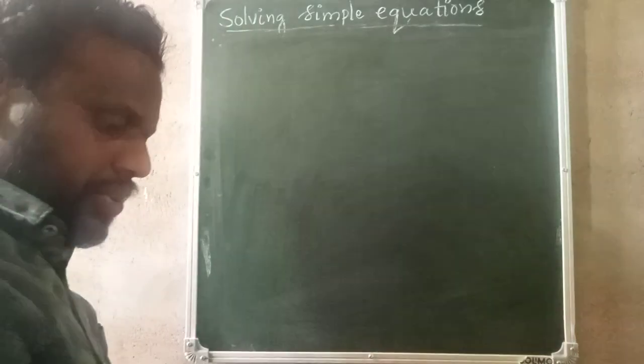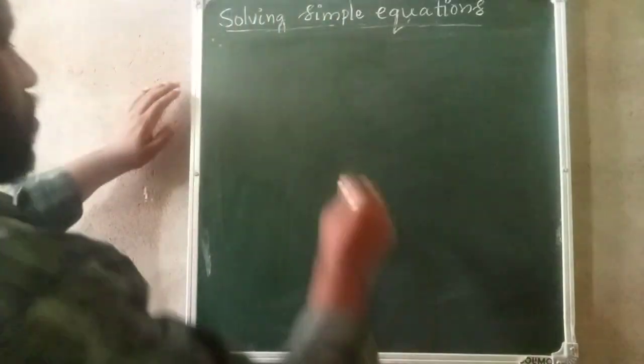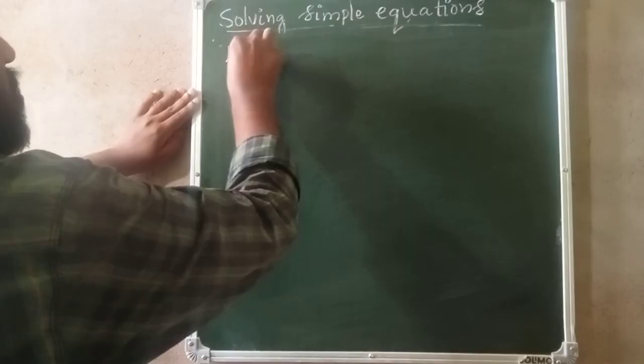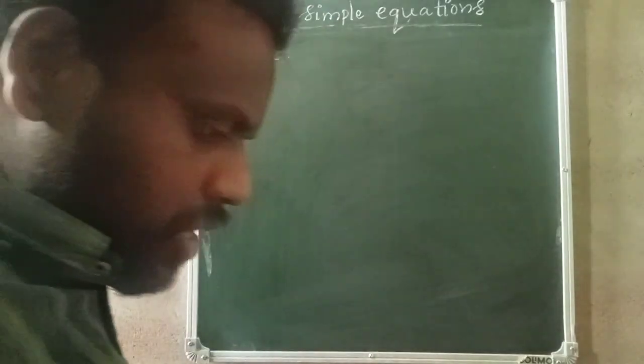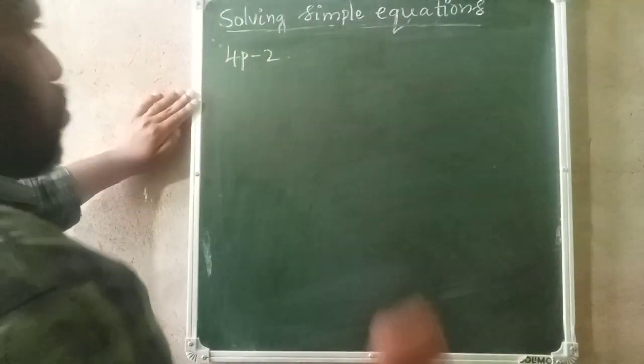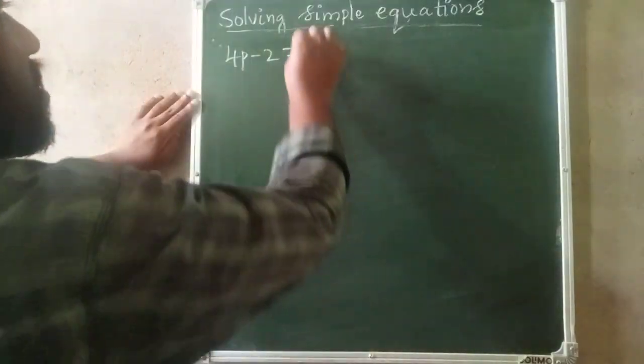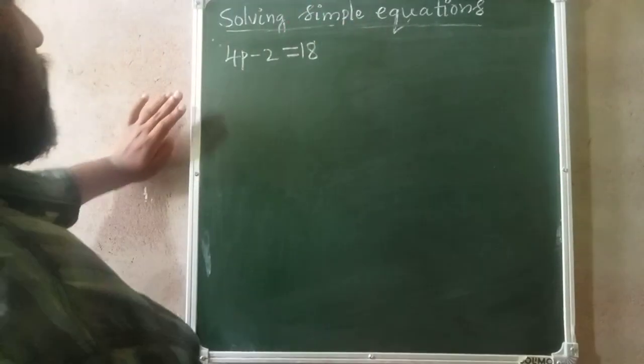So another simple equation I am going to take is 4p minus 2 is equal to 18.